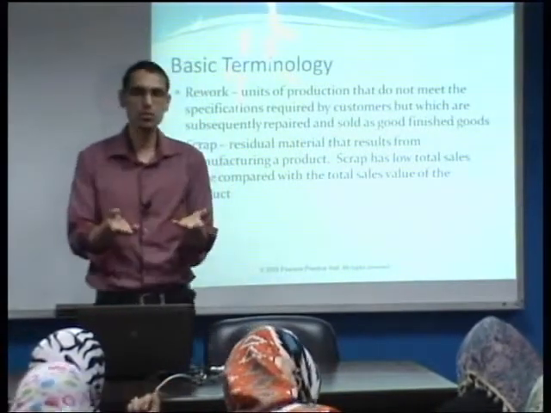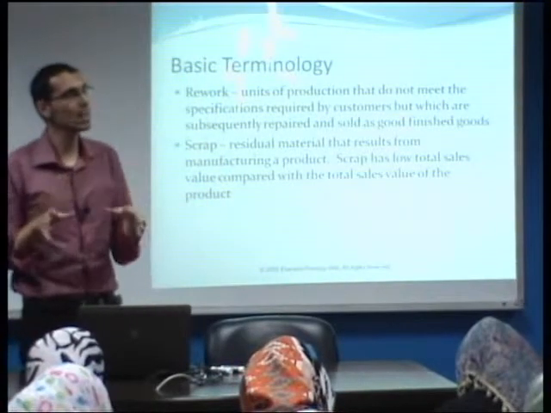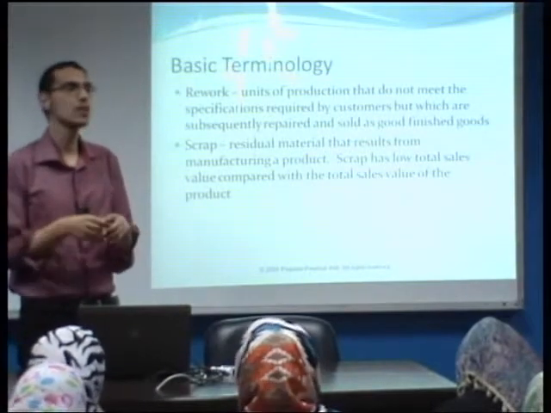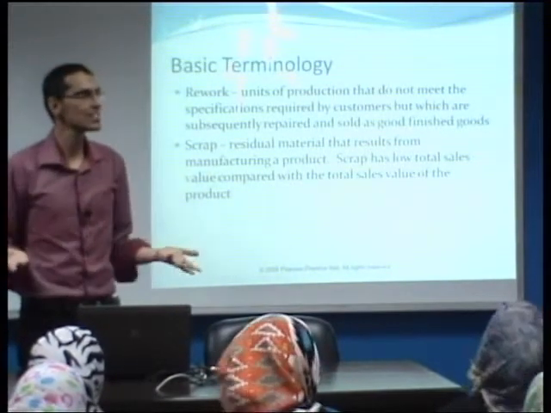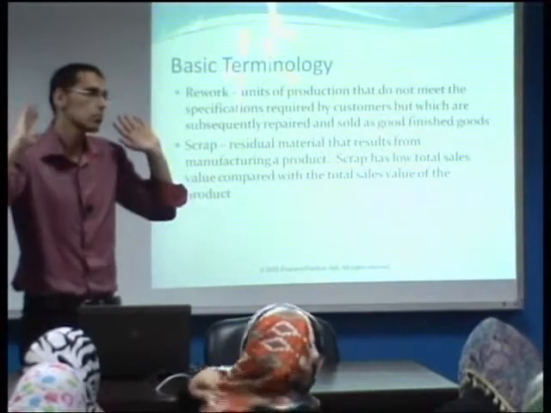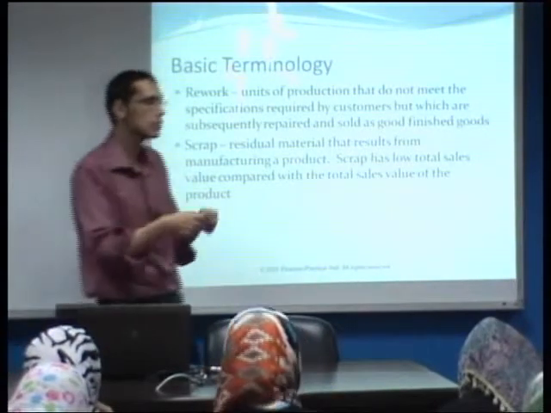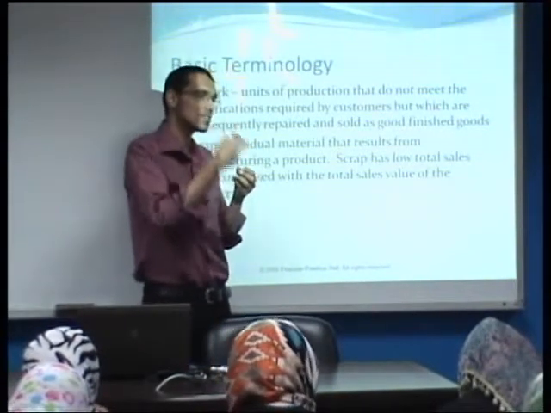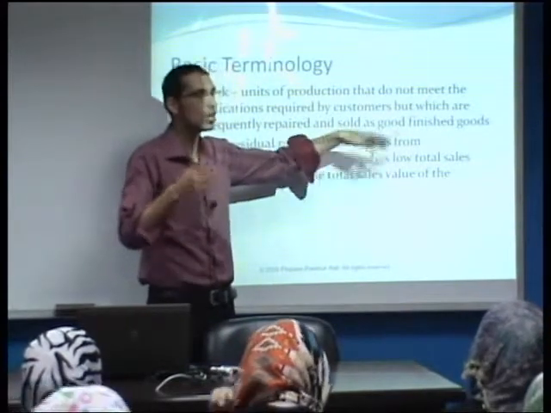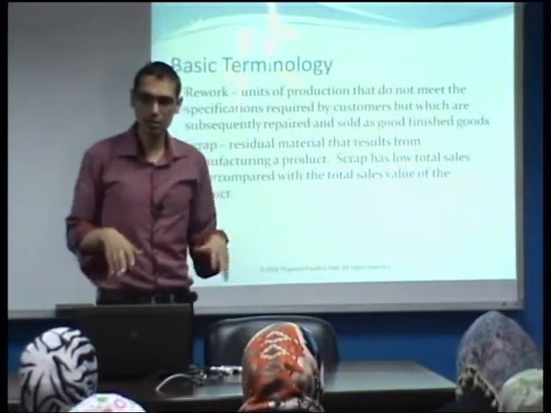Therefore, we are going to see how to account for the scrap, but for now we need to understand that scrap is the residual material of any production process, and this residual material could be sold, not all the time, but the sales value of this material is a lot lower than the sales value of the main product.